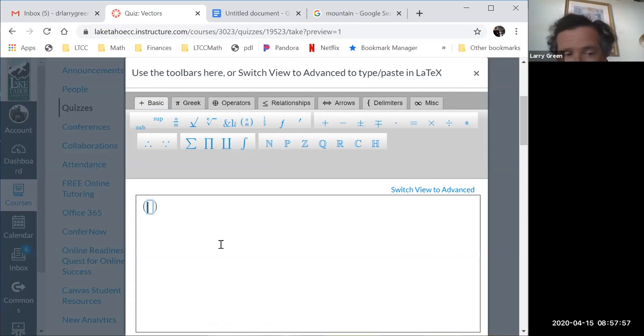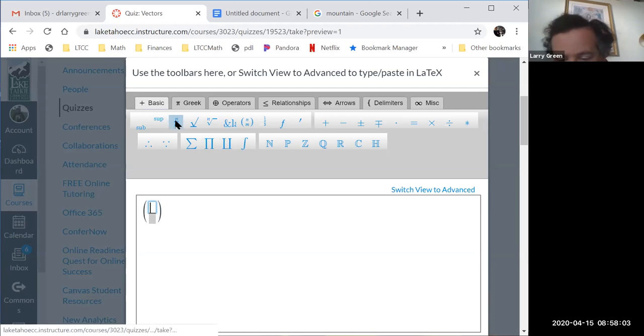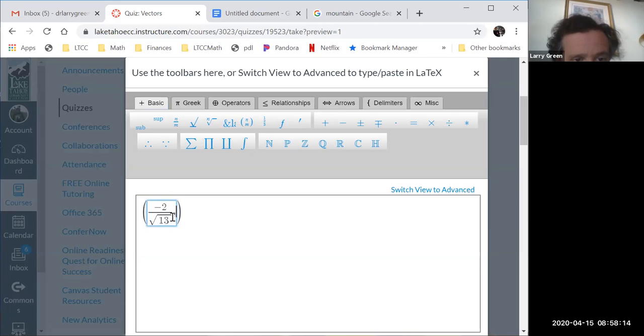We're going to have parentheses, and then we're going to have a -2 over the square root of 13. And then comma. And then let me just copy and paste that. I think that is easiest.